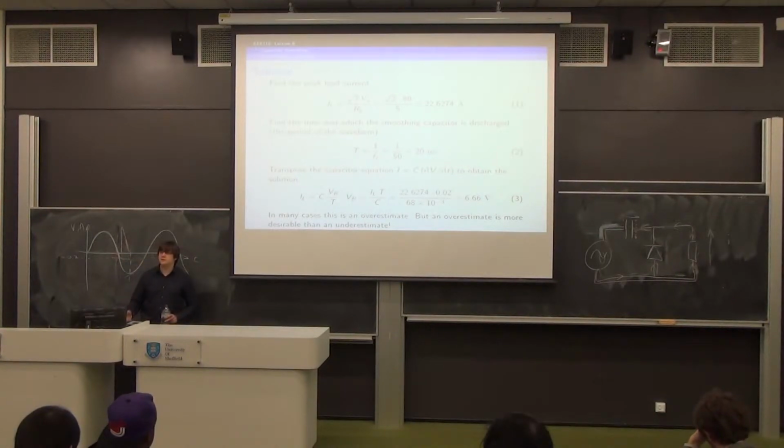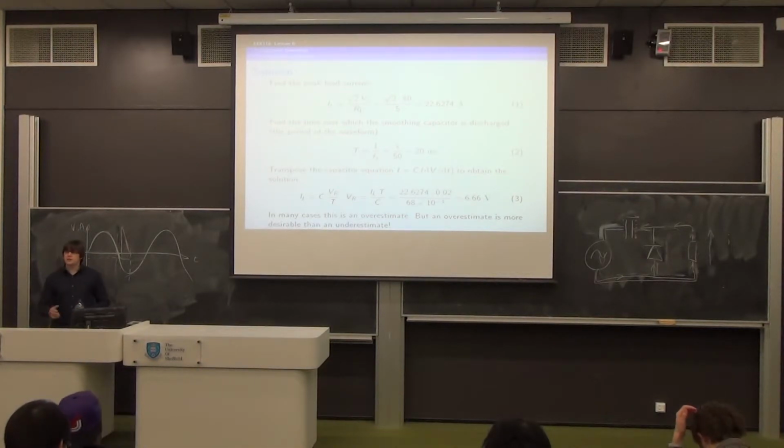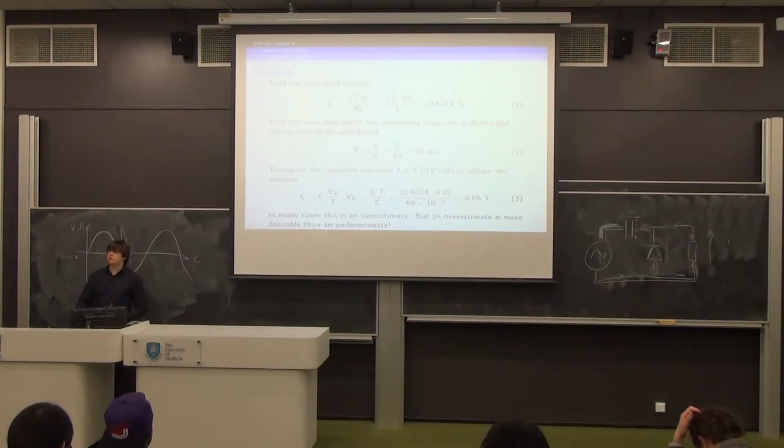Well, compared to 80 volts, 0.7 isn't really worth worrying about. All it does is make your equations a bit longer, makes the chances of a mistake a bit greater, and we can just take it away without losing very much in terms of accuracy. If the whole thing was 5 volts, 0.7 volts would be quite significant, and we wouldn't be able to ignore it. So √2 times 80, 22.6 whatever.